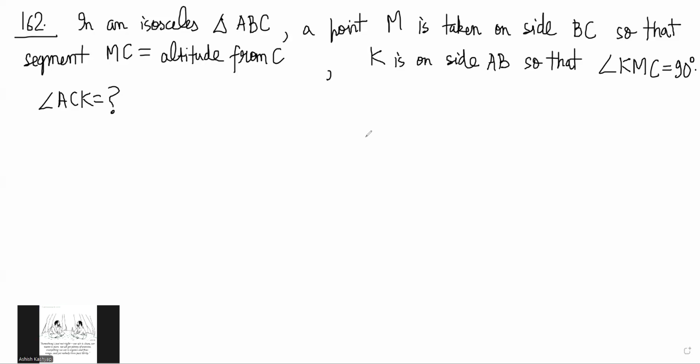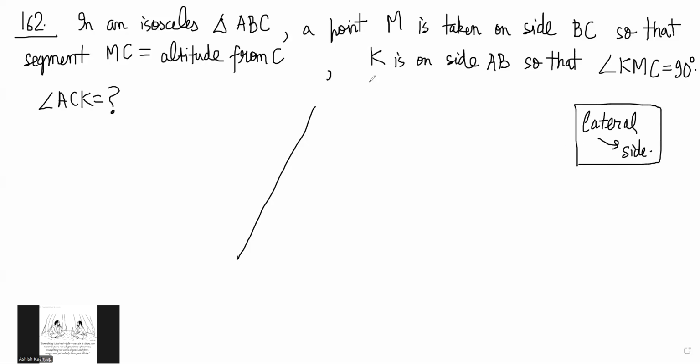In an isosceles triangle, a point M is taken on the lateral side BC, so that segment MC is equal to the altitude of the triangle. I will take lateral as usually meaning just side. You don't have to put any special meaning to it. So you can totally ignore that word also.